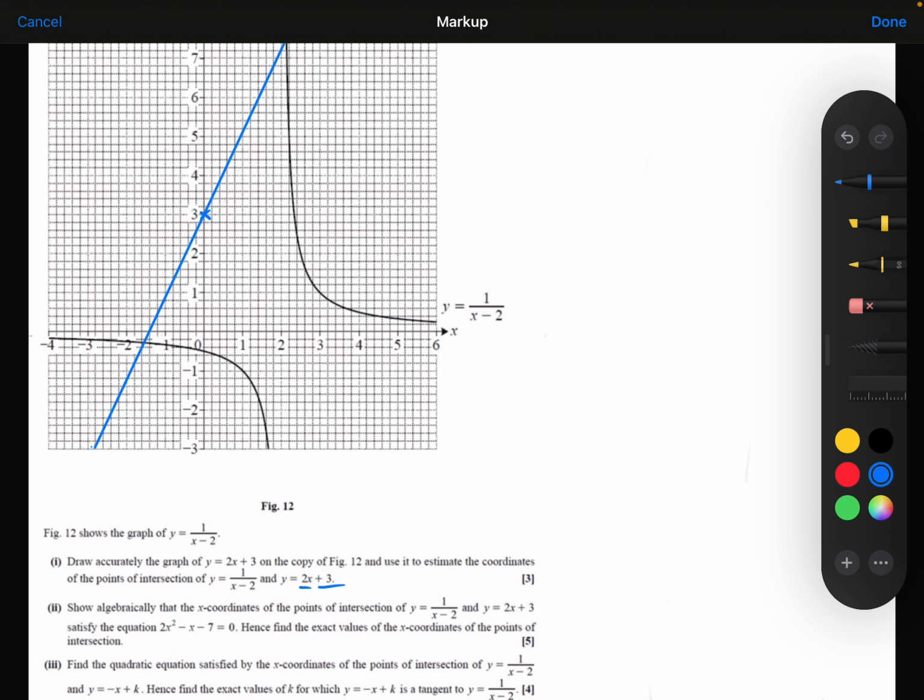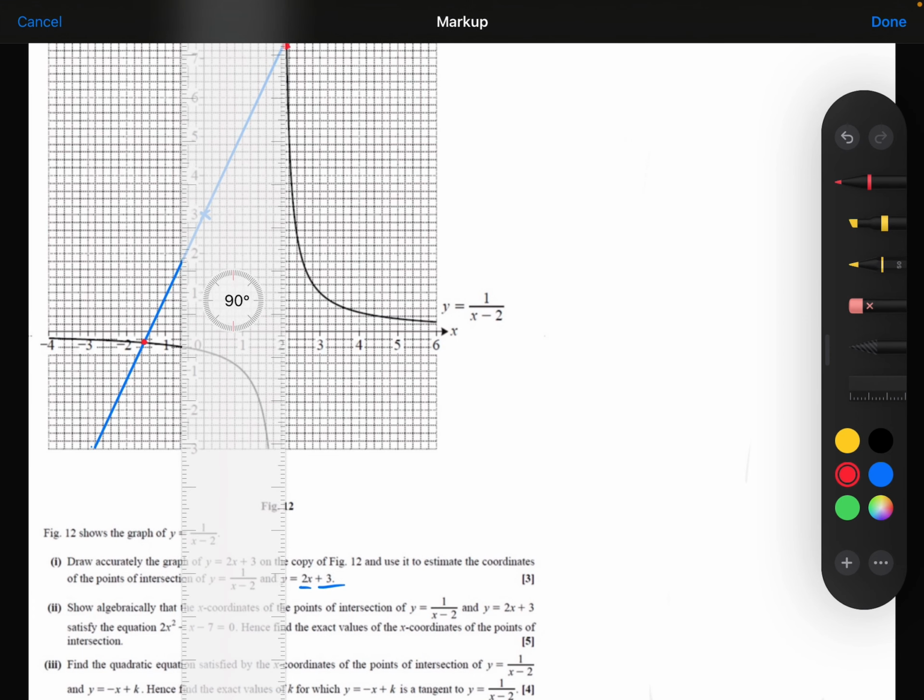Right, I need to use this to estimate the coordinates where these two lines intersect. So, I can see that they intersect here and here. So let's read off those coordinates then. So the x coordinate there, I think, is about 2.1.